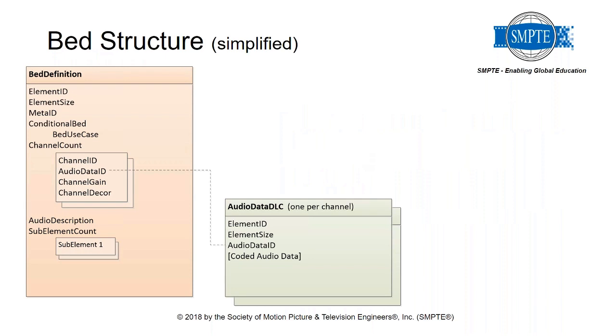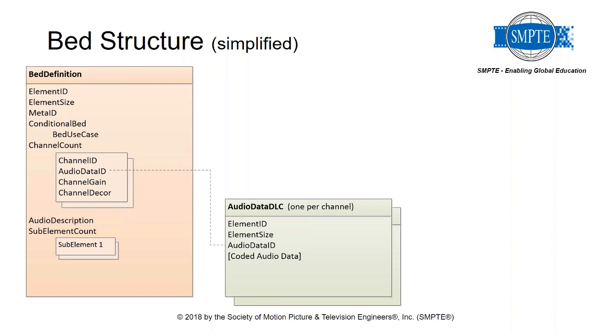All right, I'll take a look at some other elements. As mentioned earlier, there's beds and objects, so let's take a look at a bed. As mentioned, this is a group of channels. Bed definition is the actual name of this element in the bitstream spec. It has an element ID, element size, and then this new parameter called meta ID.